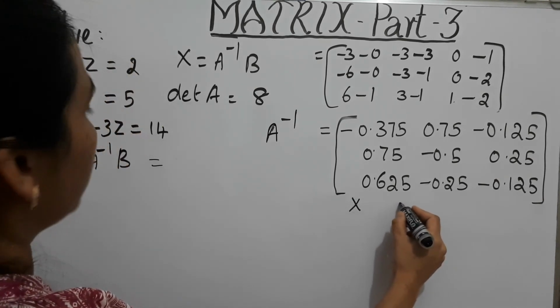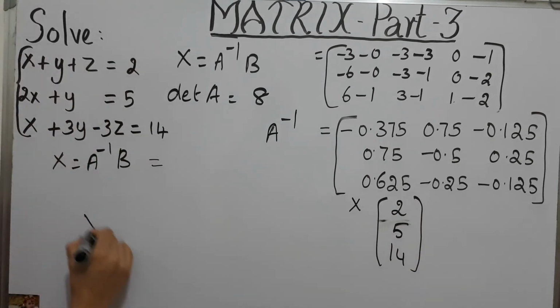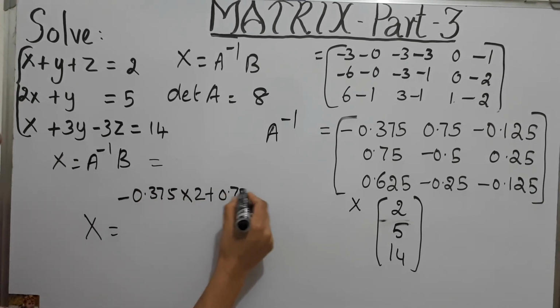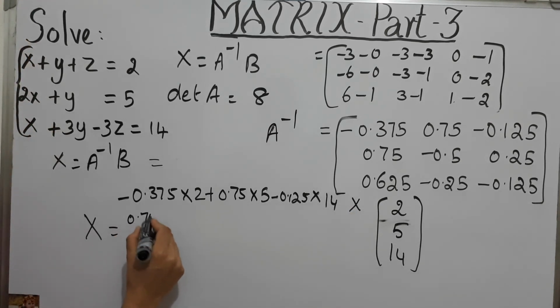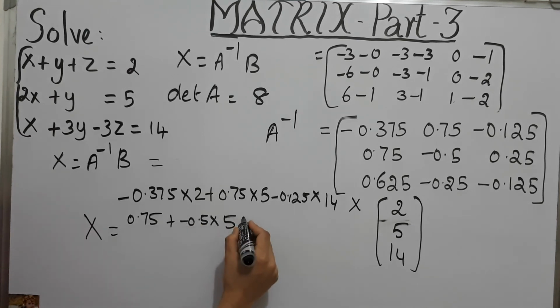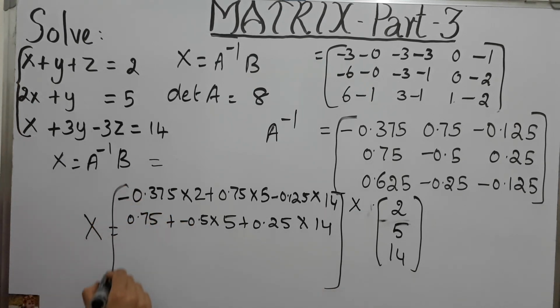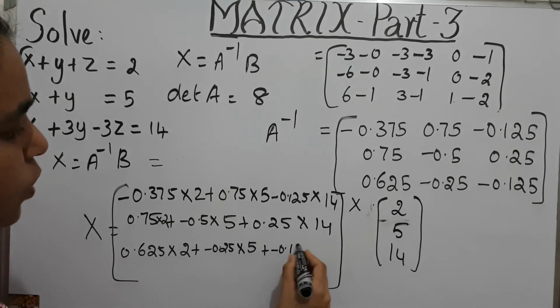When you multiply these two matrices, the value of x you get is minus 0.375 times 2 plus 0.75 times 5 minus 0.125 times 14, and the next row is 0.75 times 2 plus minus 0.5 times 5 plus 0.25 times 14, and then 0.625 times 2 plus minus 0.25 times 5 plus minus 0.125 times 14.